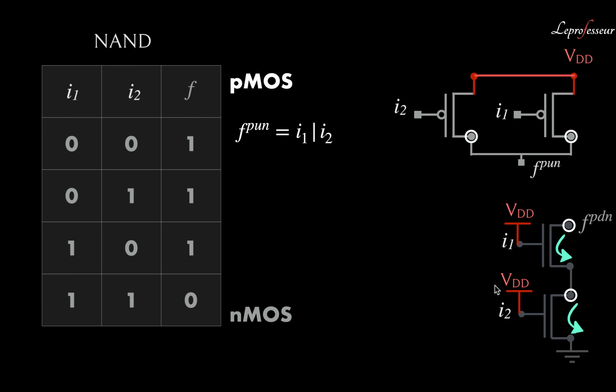What happens if, let's say, one of the gates you have connected to VDD and you have not connected this one? Then charge will be accumulated here and it will not be a stronger 0 at PDN, or output. So in this structure, when the NMOS are connected in series, the gates of both NMOS I1 and I2 have to be connected to VDD to produce a stronger 0 at the output.